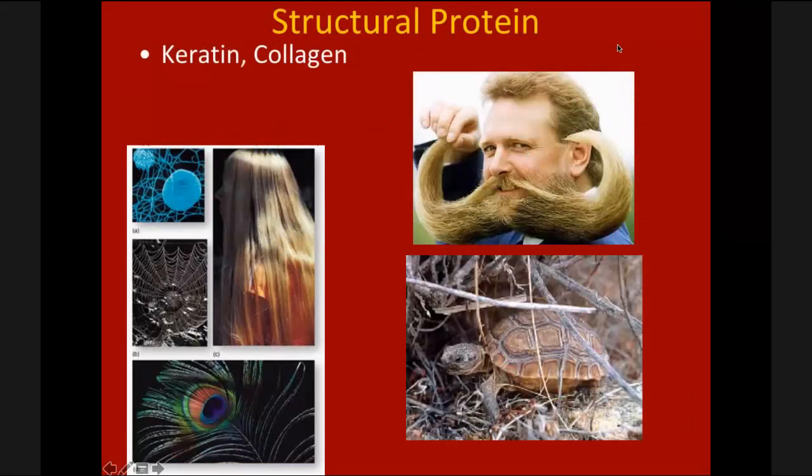Proteins can be used structurally for building things. A couple of the really important proteins that we're usually familiar with in our bodies are keratin and collagen. Keratin is a protein that's added into our cells. It's kind of hard. It adds a hardness to your tissue that's protective against abrasion. And it's also a waterproofing protein. It's hydrophobic.